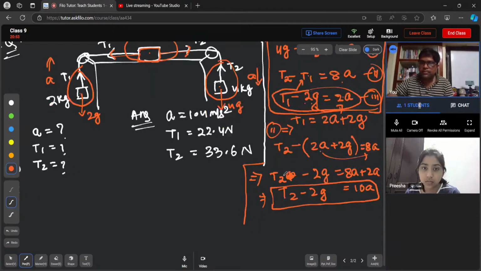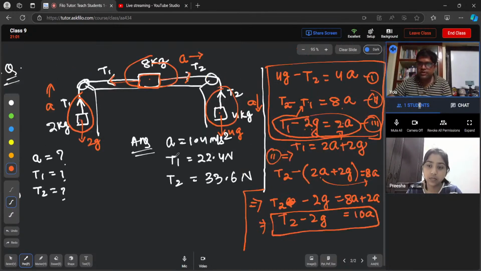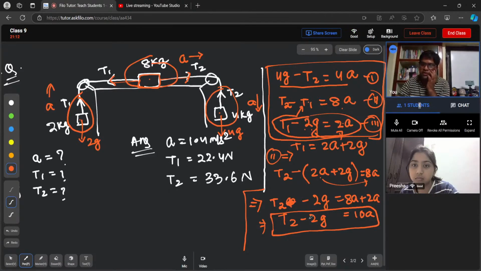Okay. So two equations you are getting. One is equation 1, that is 4g minus T2 is 4a, and T2 minus 2g is 10a. Right?